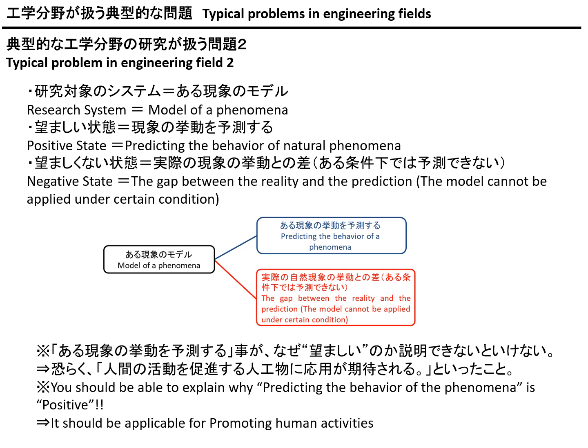But actually it's impossible, or partially possible, but sometimes there should be a gap between the reality and the prediction. So in many cases, the model which was invented by our ancestors cannot perfectly apply to predict certain phenomena. So the model cannot be applied under certain conditions.